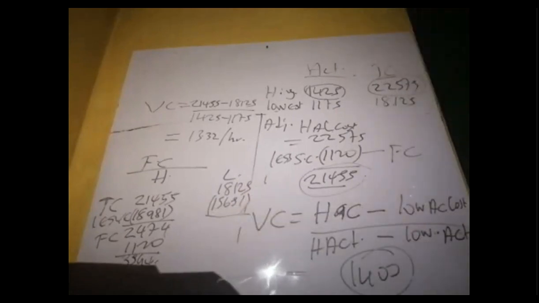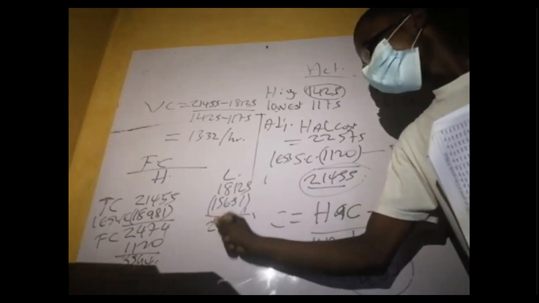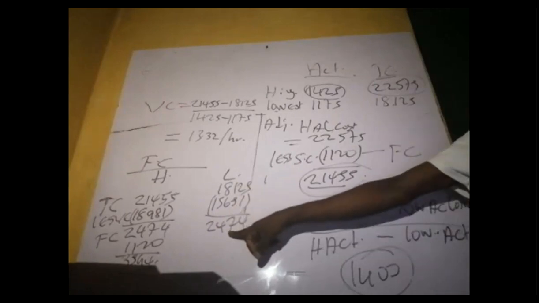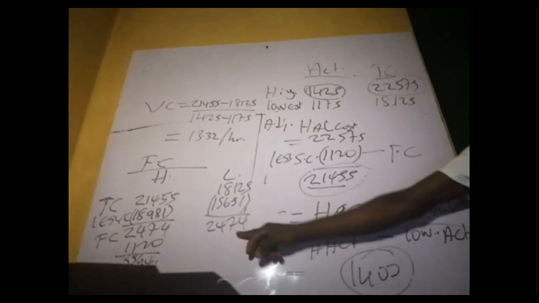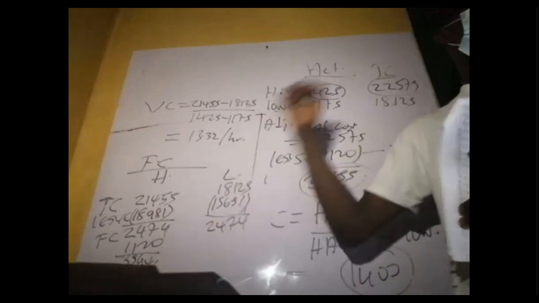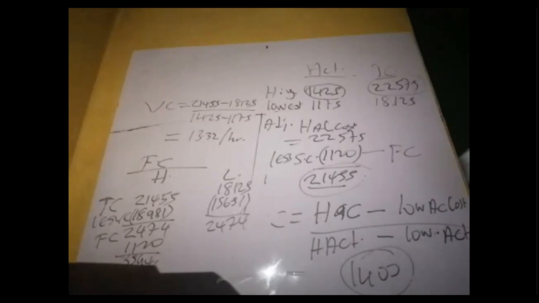Any answer should give us 2,474, right? Yeah. Okay. Now, anytime they produce below the threshold, the fixed cost will be 2,474. But if they produce above the threshold, we have to use the 3,594 because of the step-up cost. So we have to check very well.